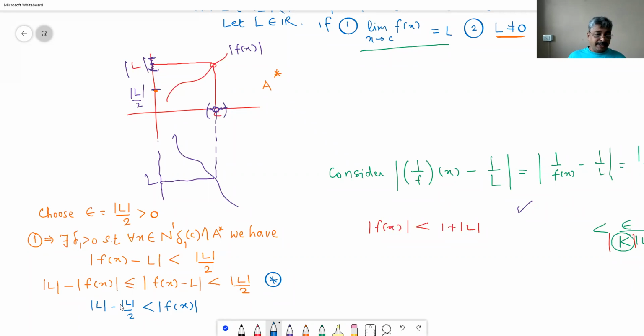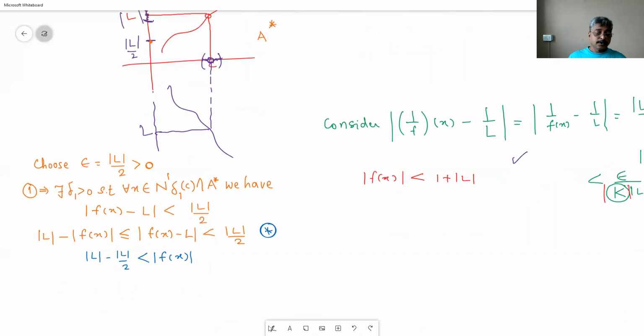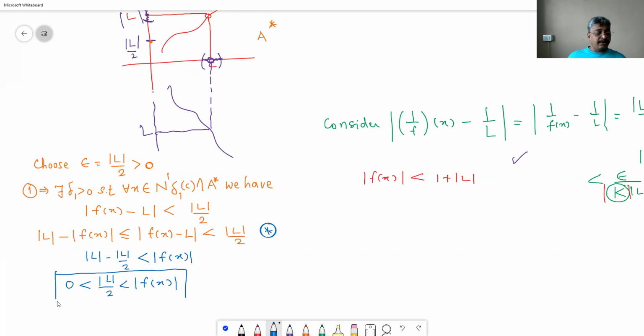And because mod L minus mod L by 2 is mod L by 2, mod L by 2 is less than mod f of x, and this is of course going to be greater than 0.